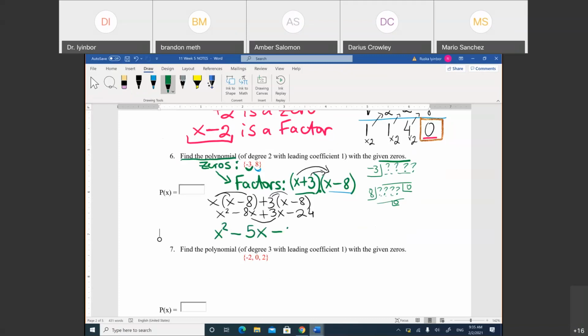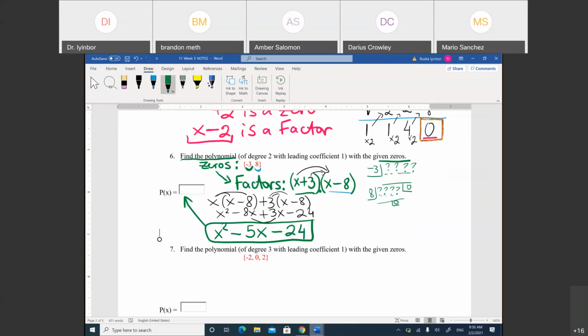And then minus 24. This is the polynomial which, if I put negative 3 in front in the table, is going to give me remainder 0. Okay? Or if I put 8, it's going to give me remainder 0.